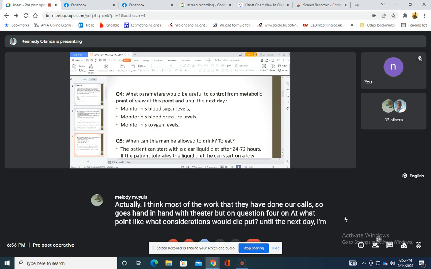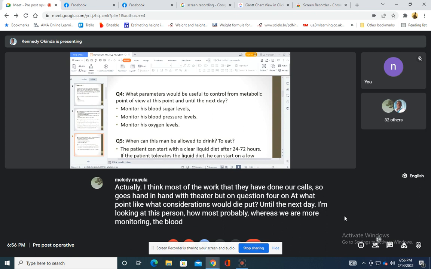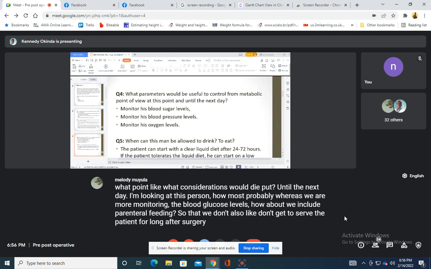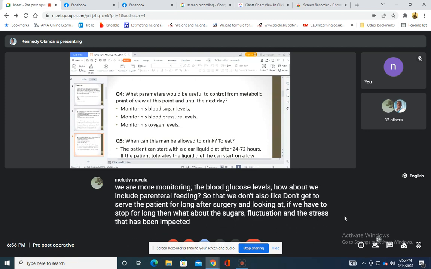I'm looking at this person, most probably, as we are monitoring the blood glucose levels, how about we include parenteral feeding so that we don't get to starve the patient for long after surgery, and looking at if we have to starve for long, then what about the sugars fluctuation and the stress that has been impacted due to the surgery?